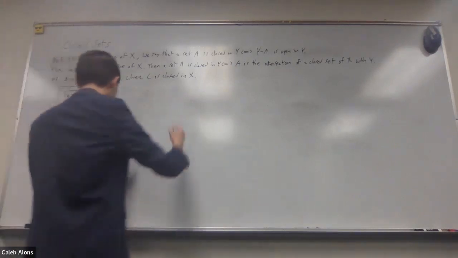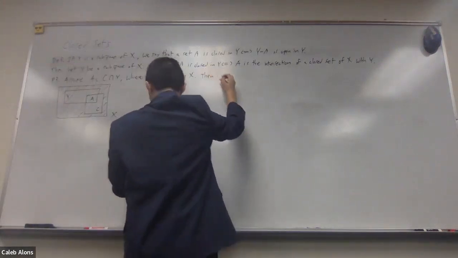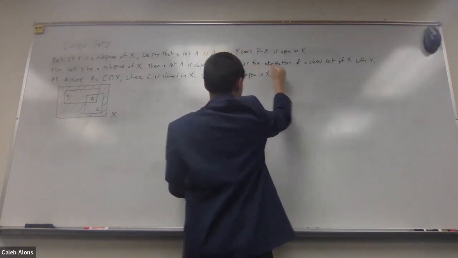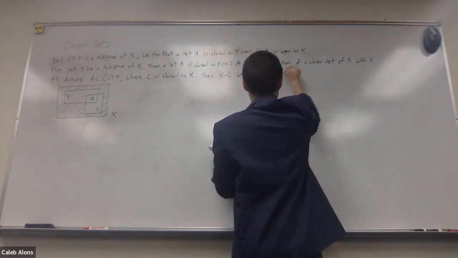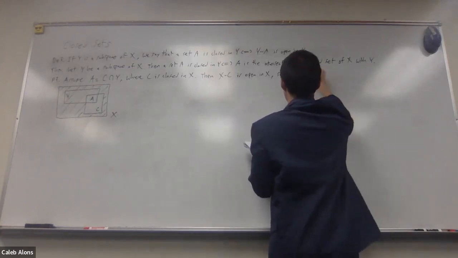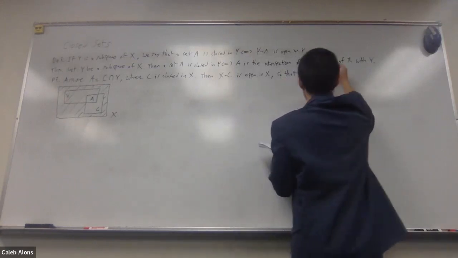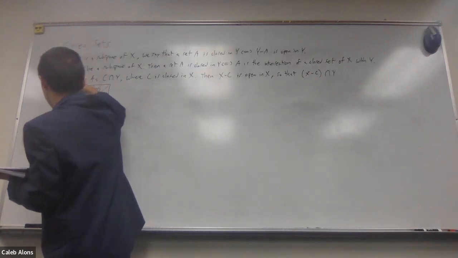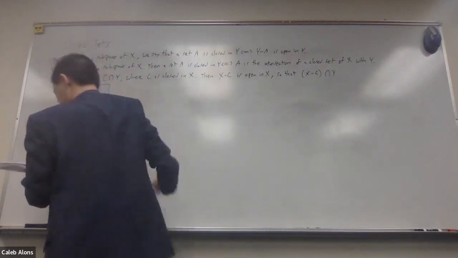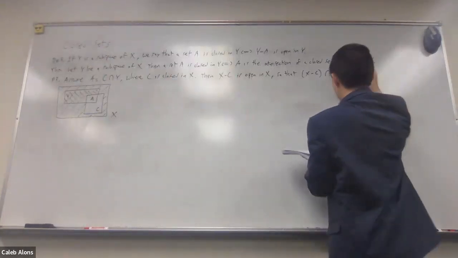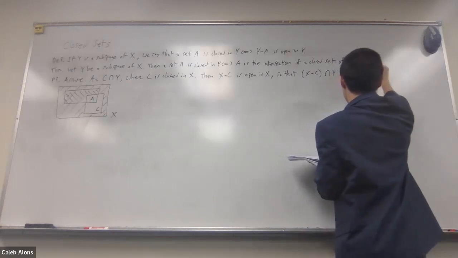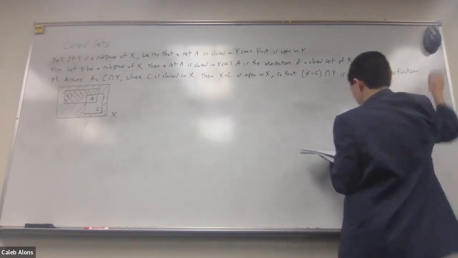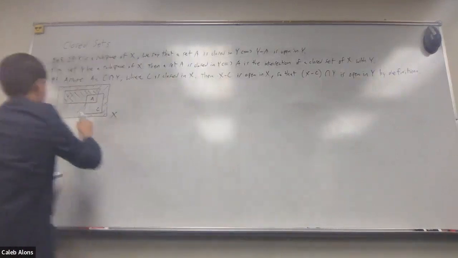So we have then that X minus C is open in X, but definitionally, X minus C, that open set in X, intersecting with Y, which is just going to be this now, right, is open in Y. And that's given by the subspace topology.